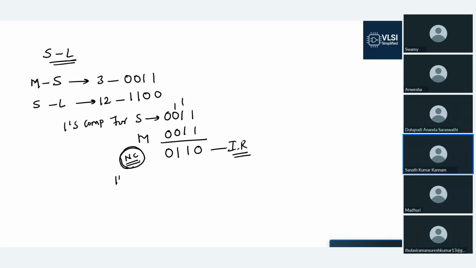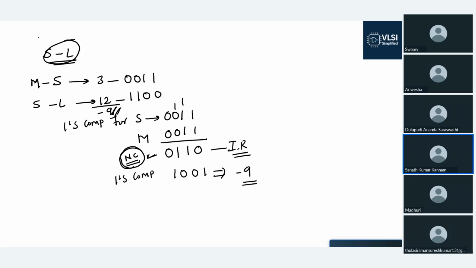Again, you apply 1's complement for the intermediate result. So what is the result? That is 1001, which is 9, and you need to keep the negative sign. So 3 minus 12 is equal to minus 9. If it is S minus L, you do the 1's complement for the subtrahend and add it to the minuend, and you are not getting a carry.